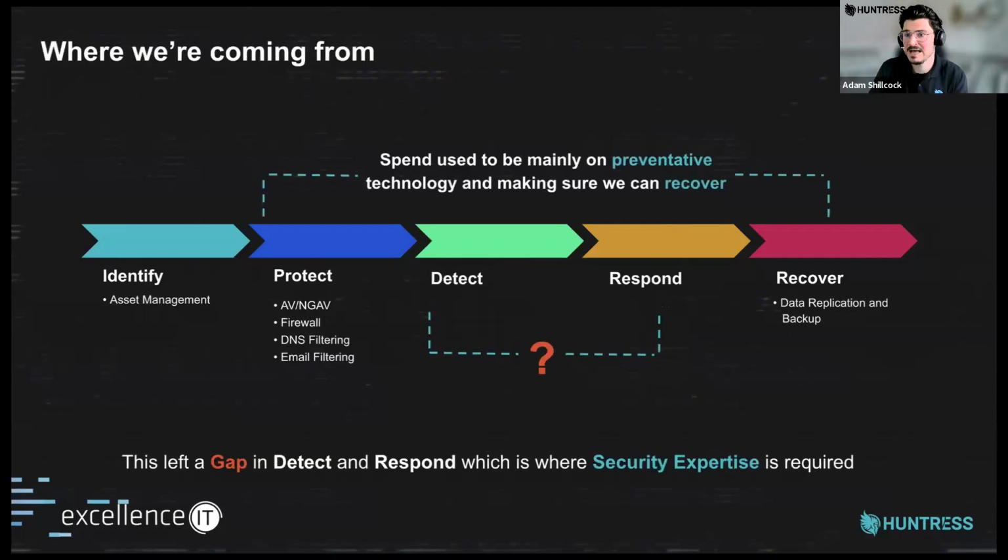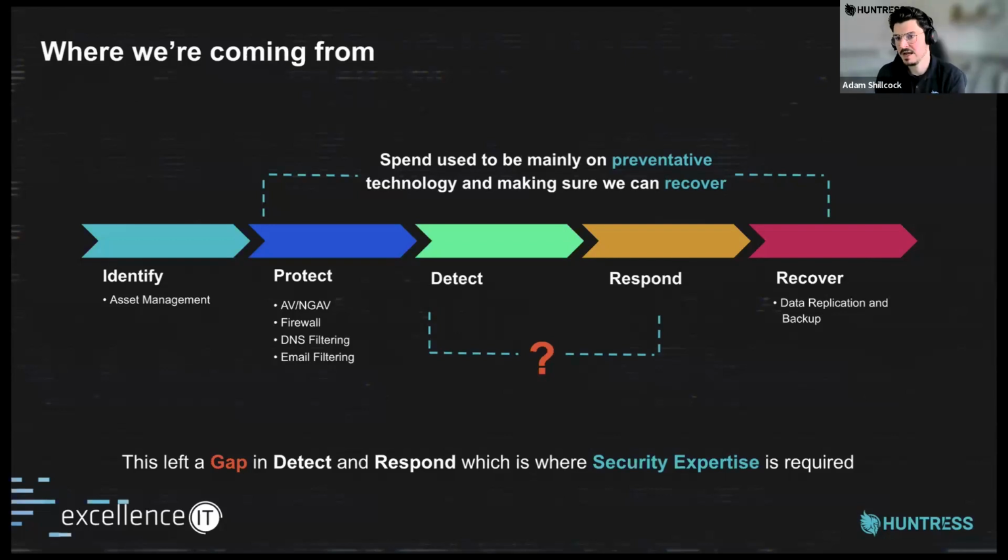And if we look at that today, typically where SMBs are spending their money, obviously the identify is understanding your assets within a business, your endpoints, your servers, your cloud platforms and applications, understanding what is potentially vulnerable to you from a data perspective. But protect, this pillar is where predominantly a lot of spend goes from a security standpoint to stop the breaches in the first place.